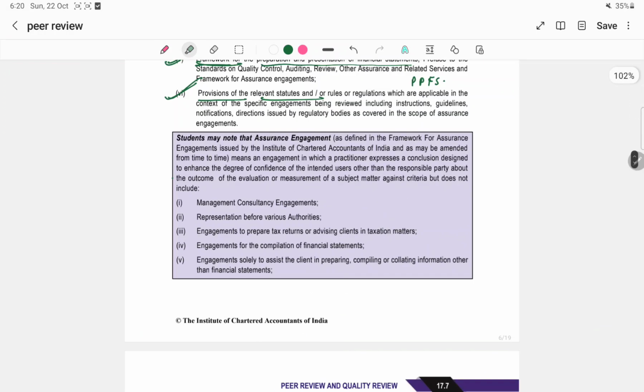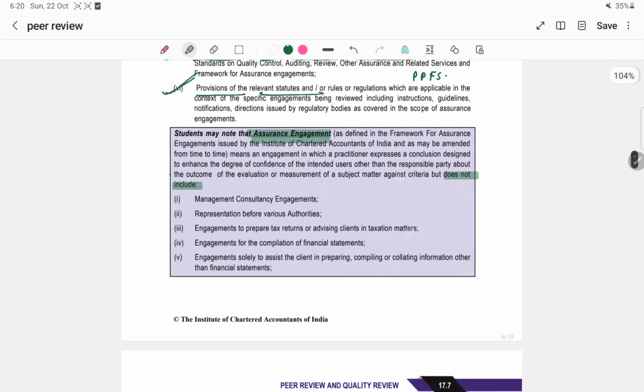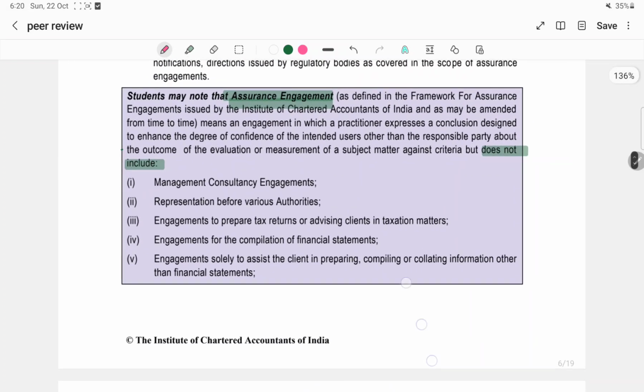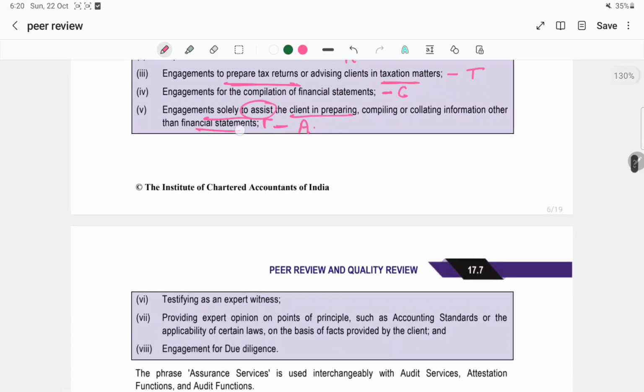Now this also a direct question comes, that what will not be included in assurance engagement, that is assurance engagement does not include. So this also we can do easily with the help of memory trick. So management consultancy engagements you can remember from M, representation you can remember from R, engagements to prepare tax returns, so it is related to taxation, so T, compilation of financial statements, C, assist the client in preparing, that is assist you can remember from the word assist, that means helping the client in preparing and compiling FS.